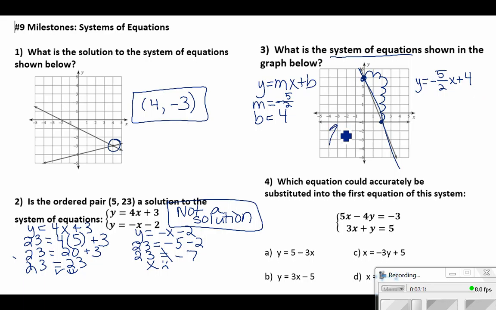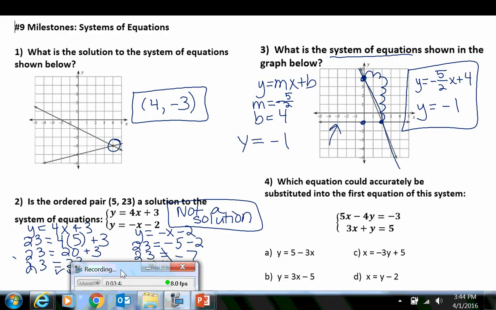Here's my second line. It is a horizontal line. And if you remember the cheer, y graph like this, x graph like that. We know this is a y equals a number, and that number is going to be negative 1. So our other equation is y equals negative 1, and that would be our system.